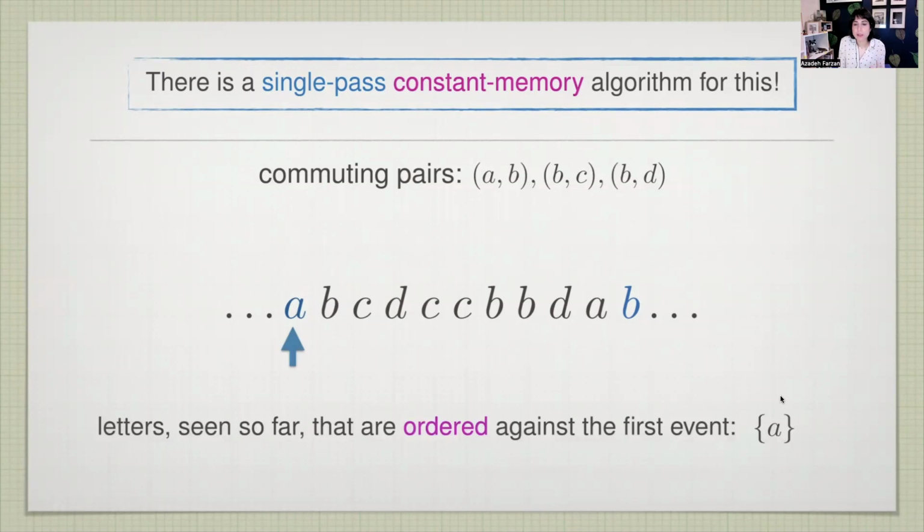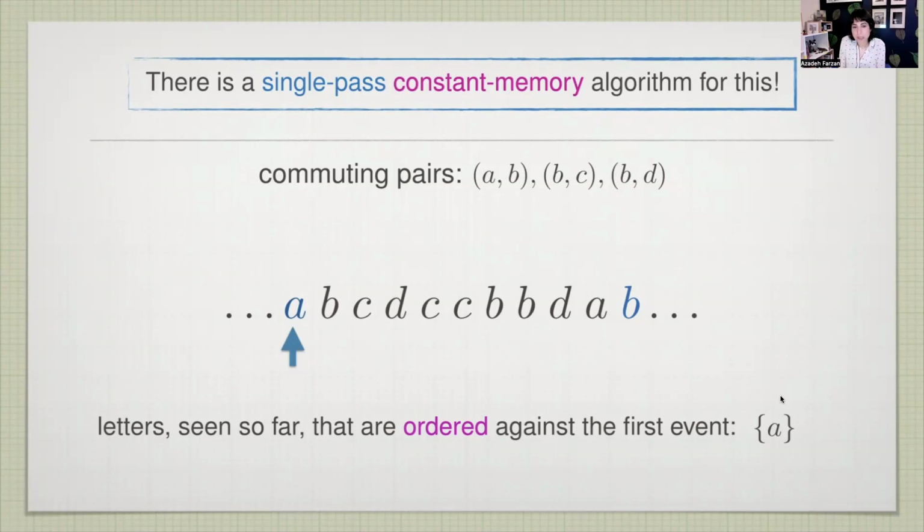It maintains a memory that is basically a set of alphabet letters it has seen that are dependent on the source event, which is the blue A in this case. When I see the blue A, the answer is just the blue A. It depends on itself, so I keep that.